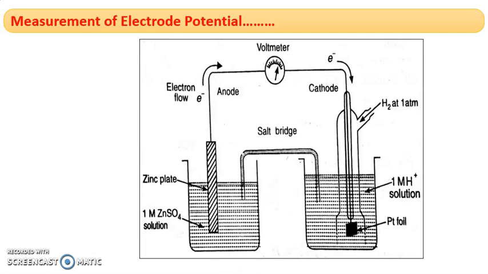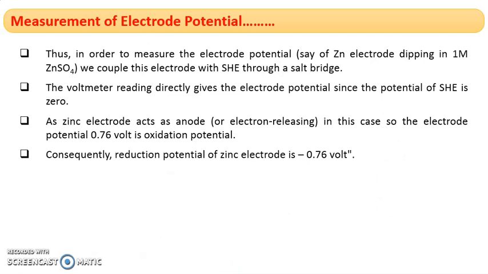Now it will show 0.76 volts. The voltmeter will give 0.76 volts. So it is the potential difference. As the potential of the standard hydrogen electrode is 0, it is the oxidation potential of the sample electrode.